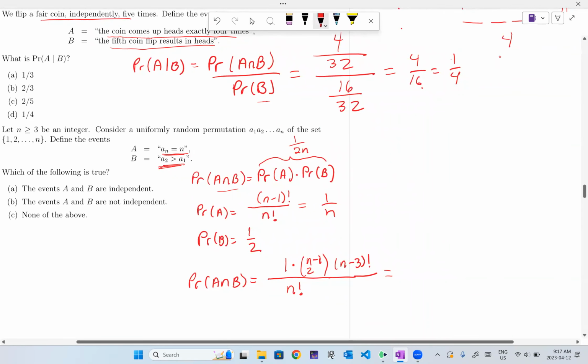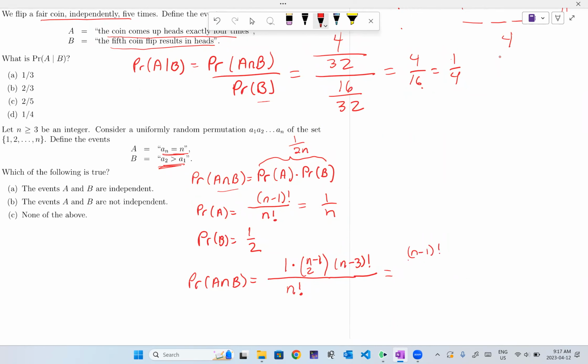If I expand that out, I get n minus 1 factorial over n minus 3 factorial times 2 factorial, times n minus 3 factorial over n factorial. All right, so this cancels with this.